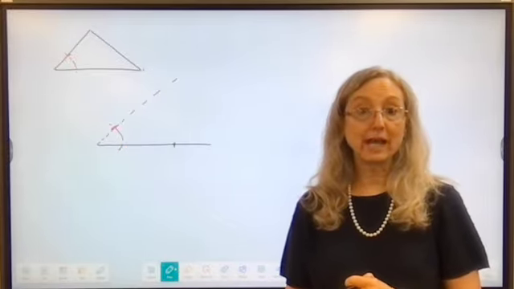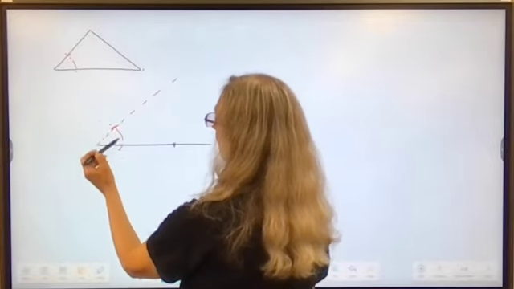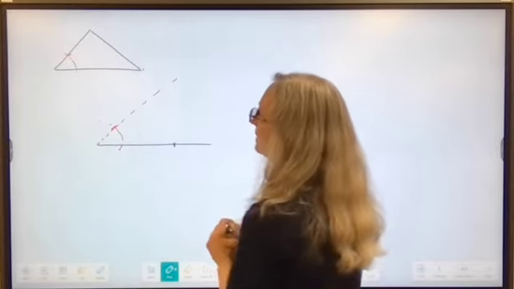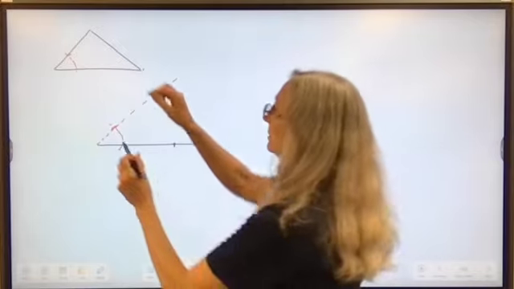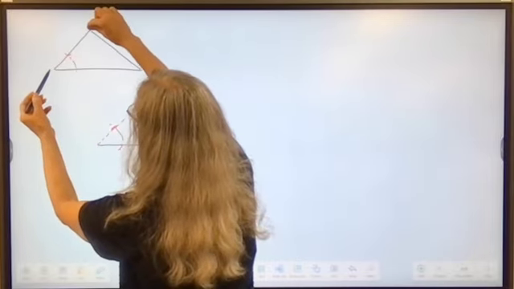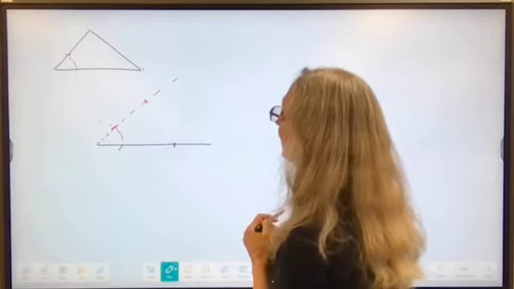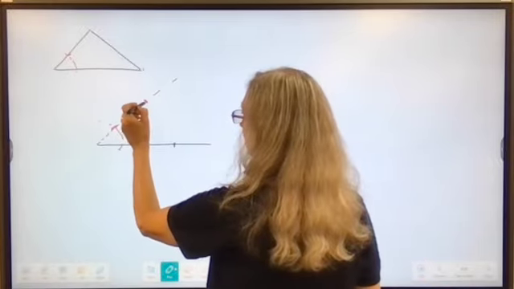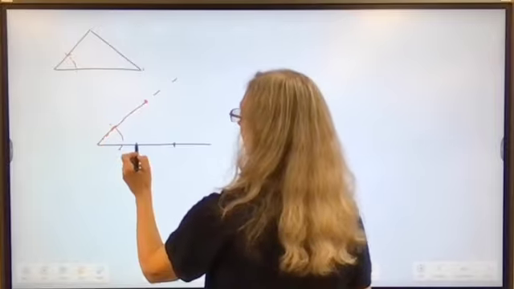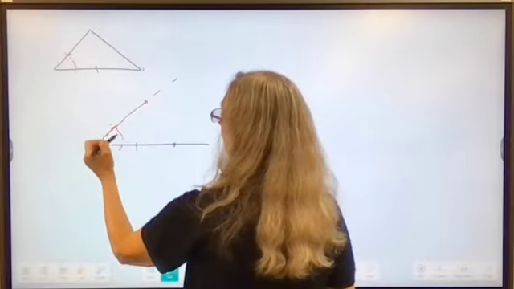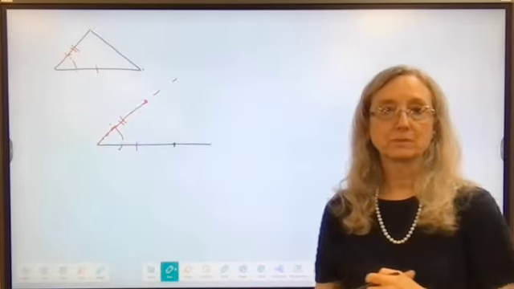So now this side is congruent to this side, and this angle is congruent to this angle. Now I can take my compass, open it to this setting, bring that over here, and put my mark there. That makes this side congruent with that. So I have this angle and this side congruent.